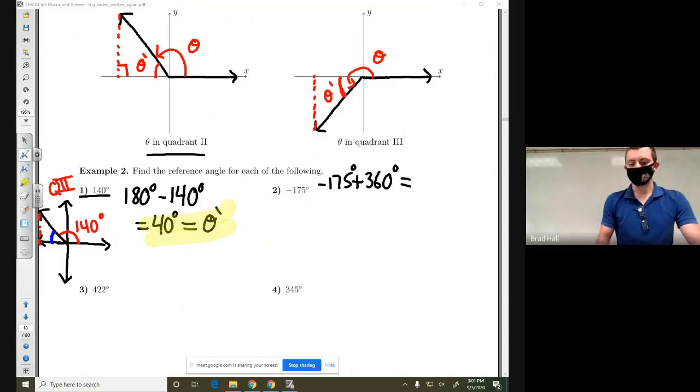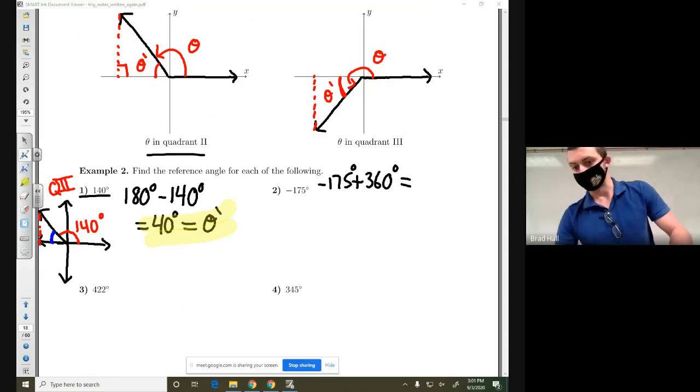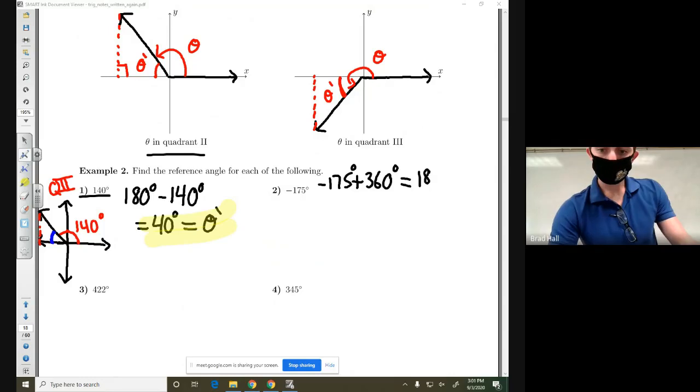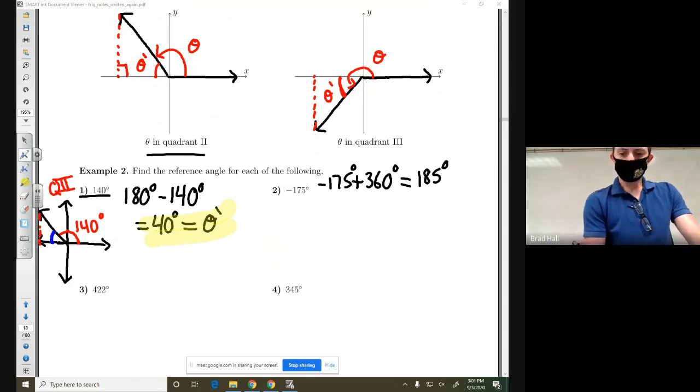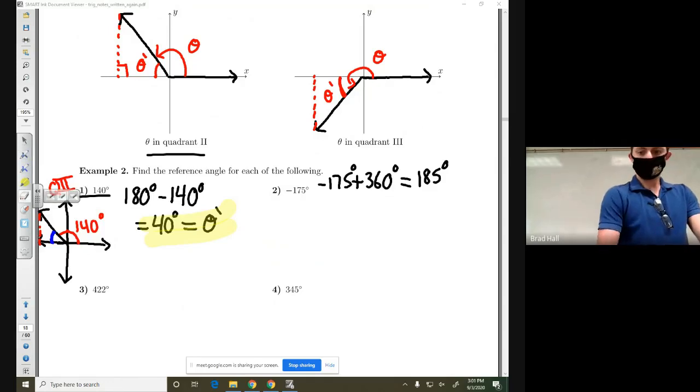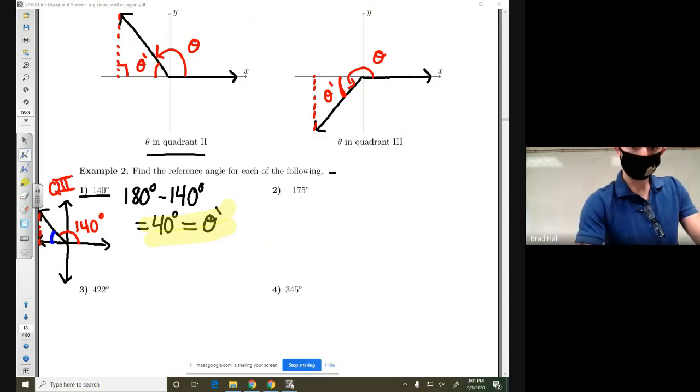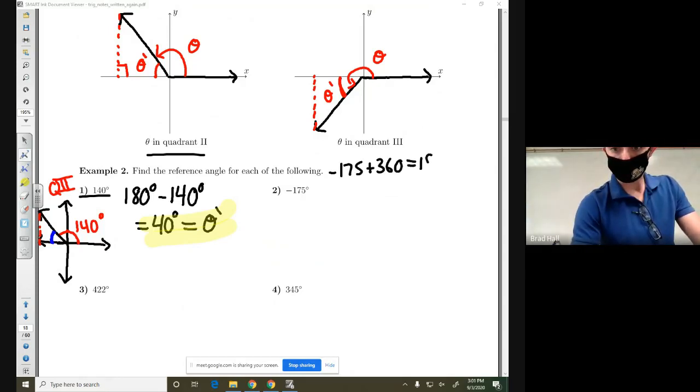This is one reason why coterminal angles are very, very nice to work with. Negative 175 plus 360 is positive 185.